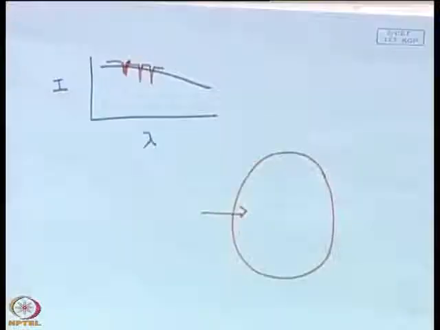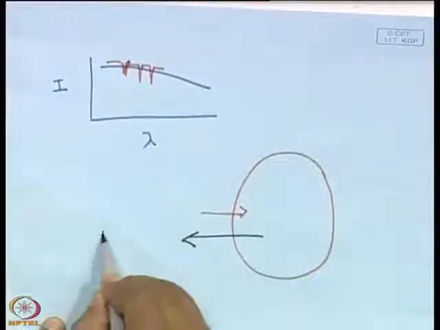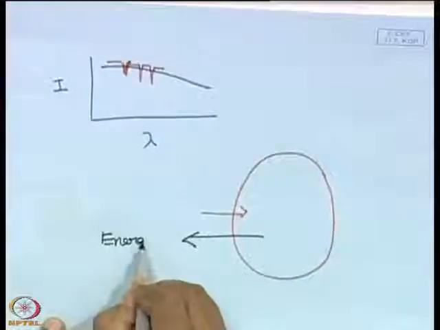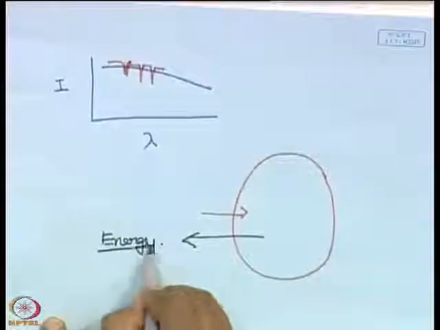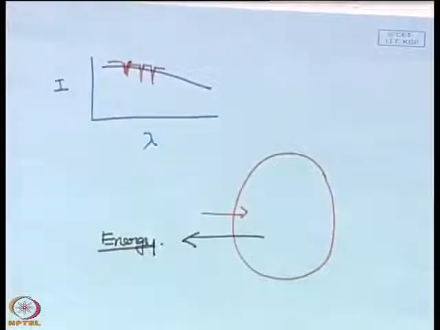Now we know that energy flows out from the sun, right? That is a well-known fact. So we know that energy flows out, radiation flows out, and we also know the laws of thermodynamics, that heat flows from hotter to cooler regions.